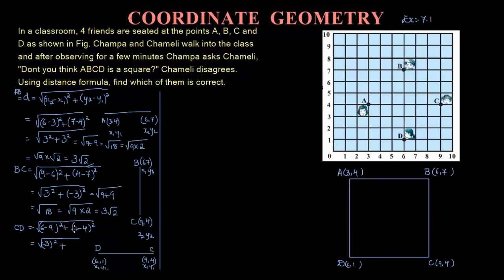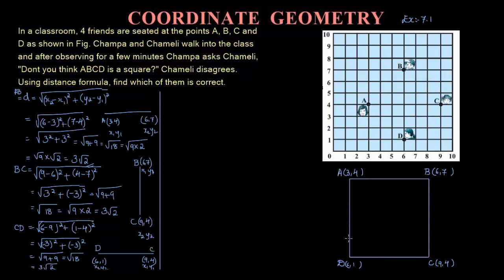Here also one is plus and one is minus, so you subtract and write the bigger number's sign, that is minus 4, so minus. So minus 3 squared is 9, and again 9, so you get 18. Again you can write 3 root 2 as you did in the previous cases.